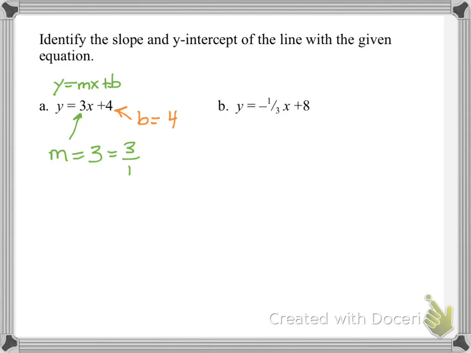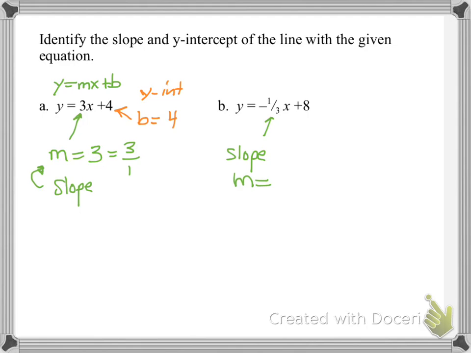And we use b for the y-intercept. That's the way that we identify the equation, y equals mx plus b form. So y equals 3x plus 4. The y-intercept is 4. And the slope, this is the slope here, m equals 3.